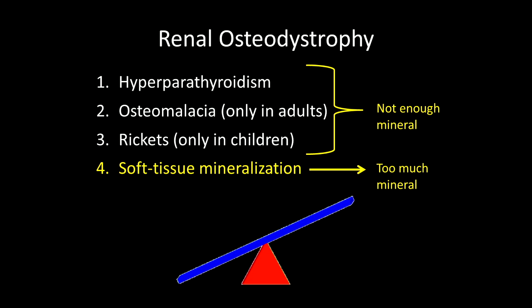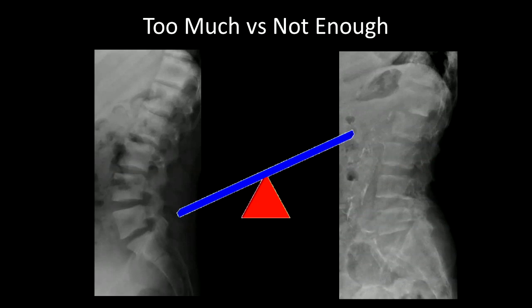So it seems like mineral is leaving the bone and arriving in the soft tissues. But that story is somewhat incomplete, because if you look at these two x-rays of the lumbar spine, the one on the right is clearly osteopenic, whereas the one on the left, you can make an argument that the bones are actually increased in density. The interesting thing is that both of these patients have long-standing chronic renal disease.